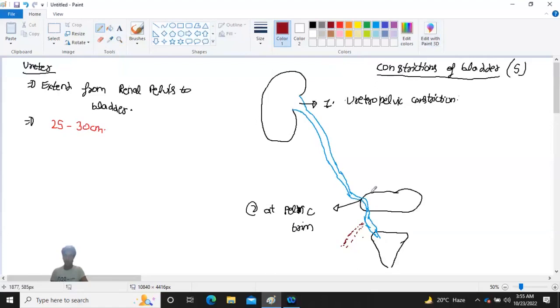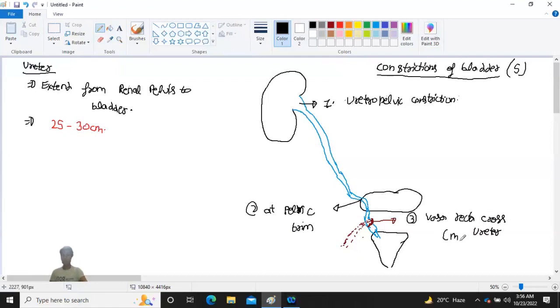Here is constriction form. This is vasa recta. At vasa recta, we write vasa recta cross ureter. But this is in males. In females, the round ligament.